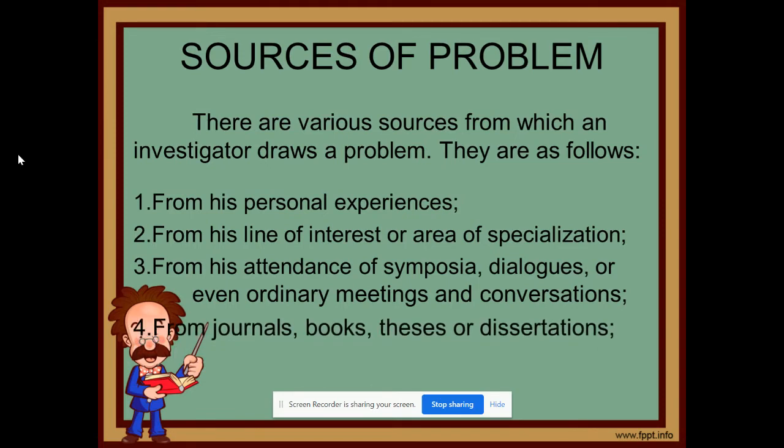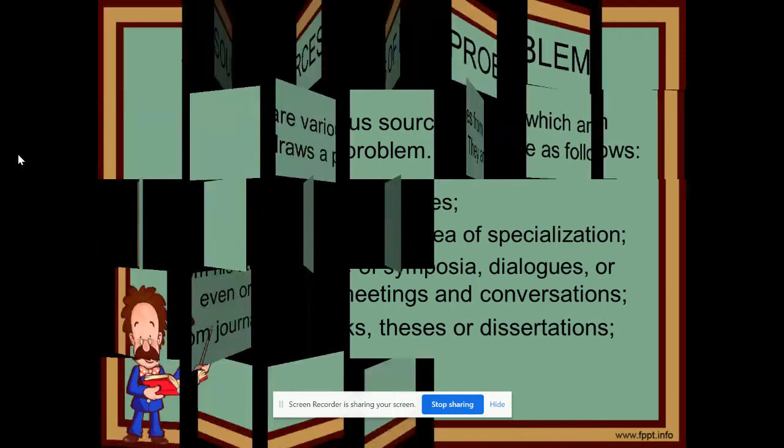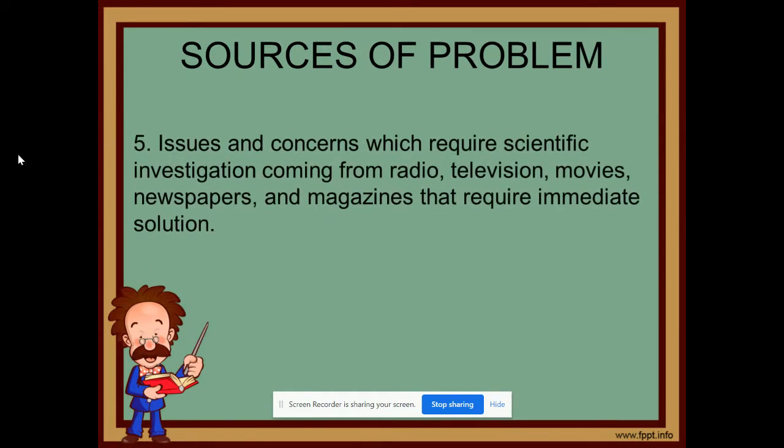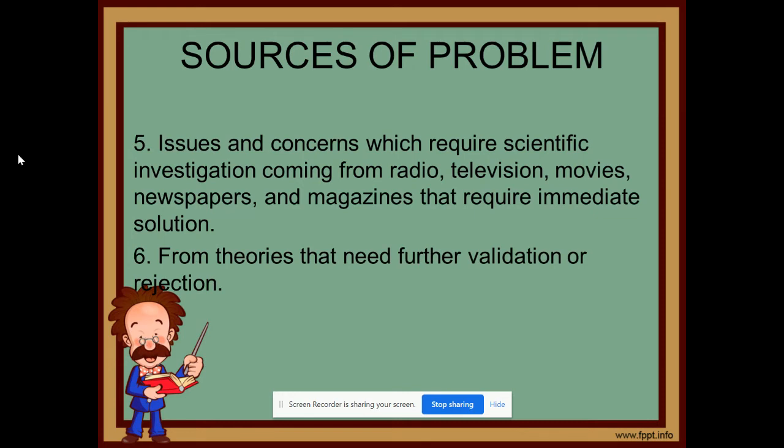Fourth, problems may also be taken from journals, reading of books, readings from thesis or dissertation. 5. Issues and concerns which require scientific investigation coming from radio, television, movies, newspapers, and magazines that require immediate solution. And lastly, you can also get problems from theories that need further validation or rejection.